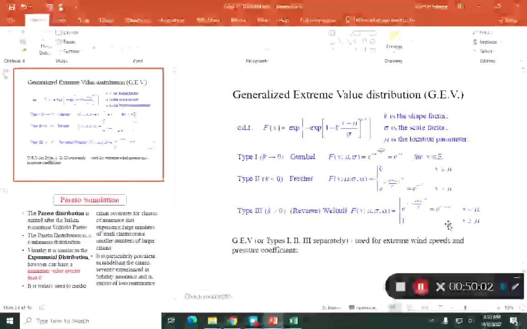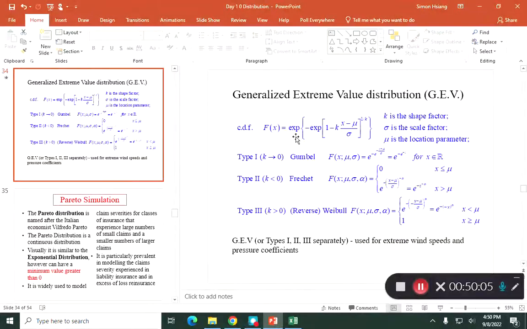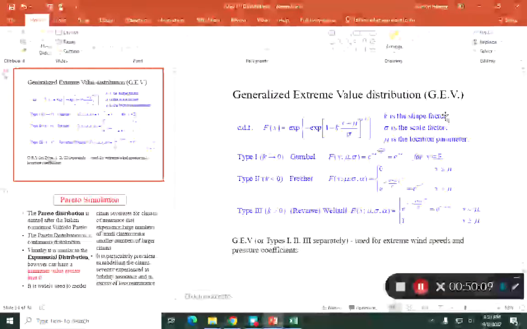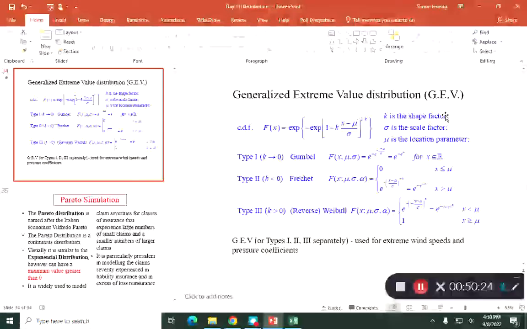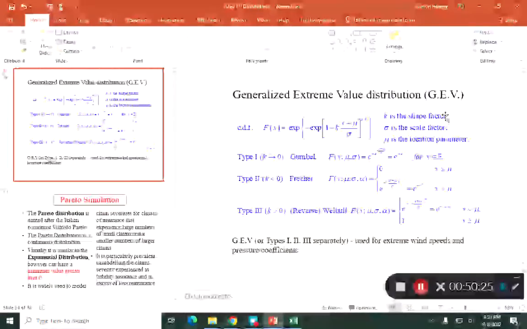But look at these things, okay? Exponential to the power of something, okay? If that's the way you generate the data, and people throw you a set of data, how are you going to model this kind of distribution?